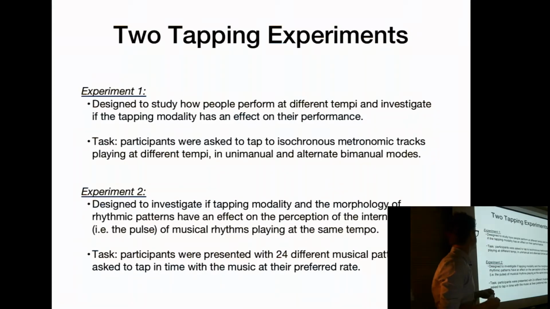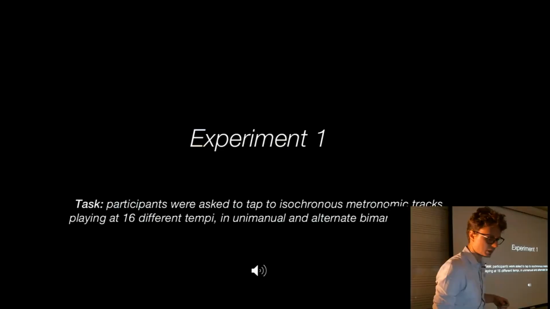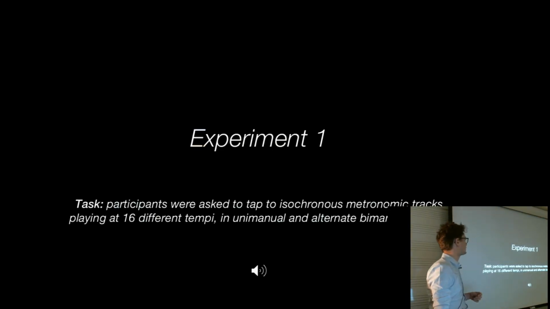Whereas in the first experiment the instructions are quite strict and people have to tap 1-1 to the metronome, in the second one they first listen to the rhythmic track, and then whenever they're ready, they start tapping in time with the music at their preferred rate. So let's go on to experiment 1.